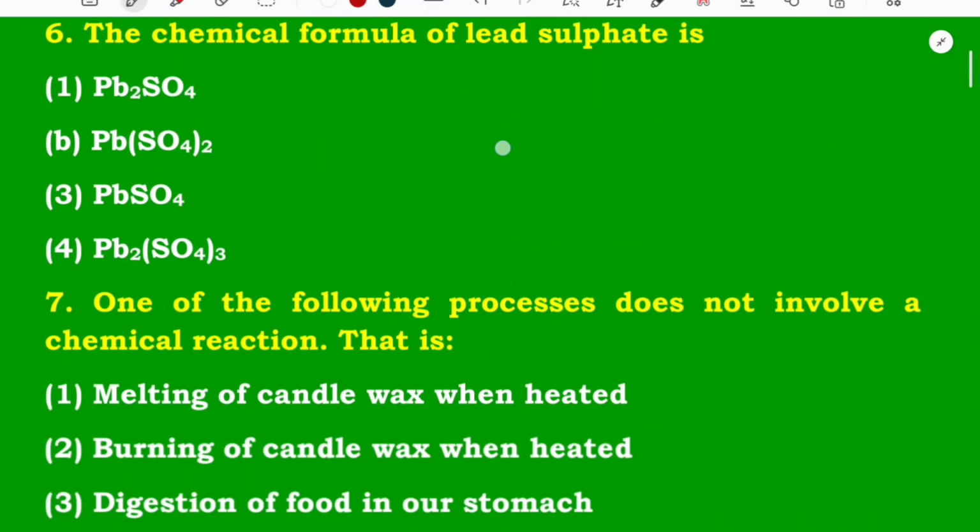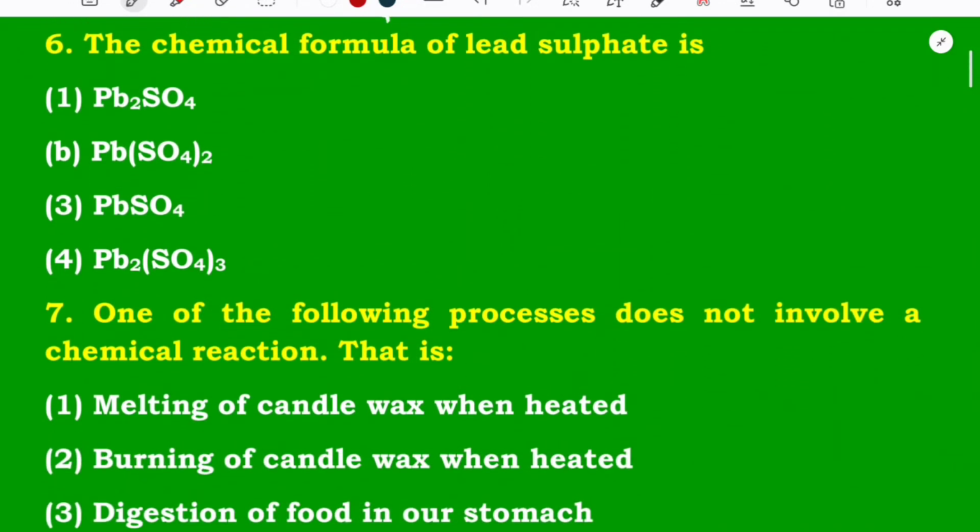Next. The chemical formula of lead sulfate. Lead we know is Pb. Sulfate is SO4. What is the charge here? Plus 2 and minus 2.